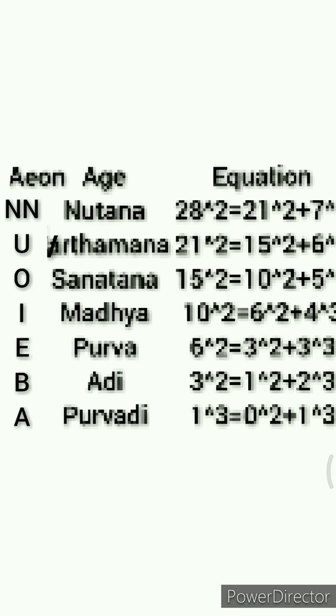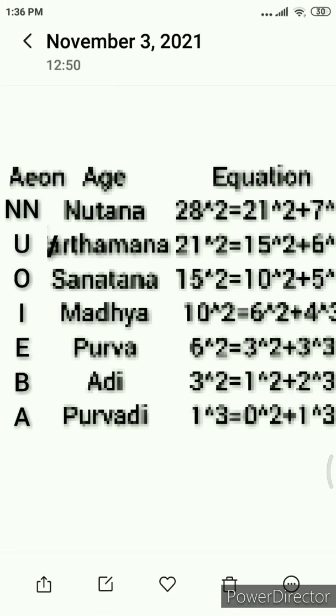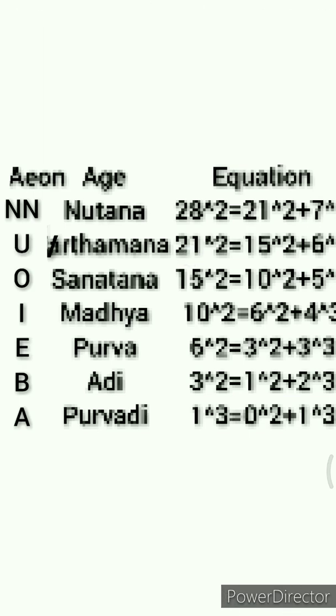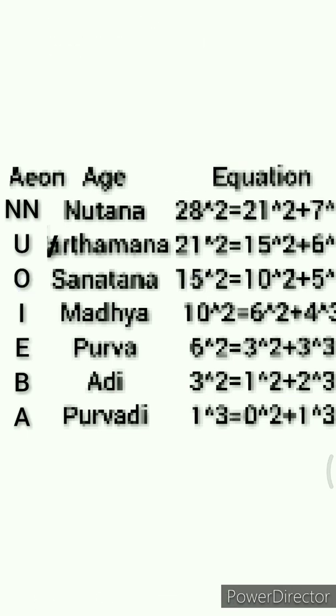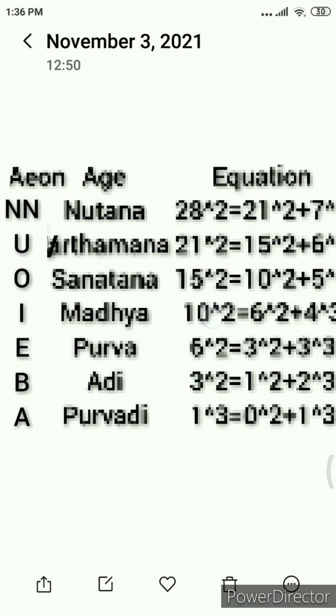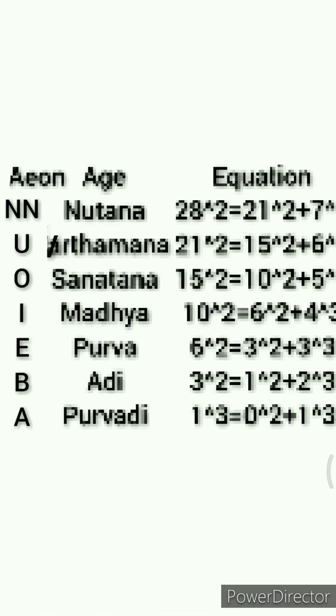Now I have changed it back to U representing 21 squared, O associated with 15 squared, and I associated with 10 squared. And of course there is an additional B here, which is associated with 3 squared.